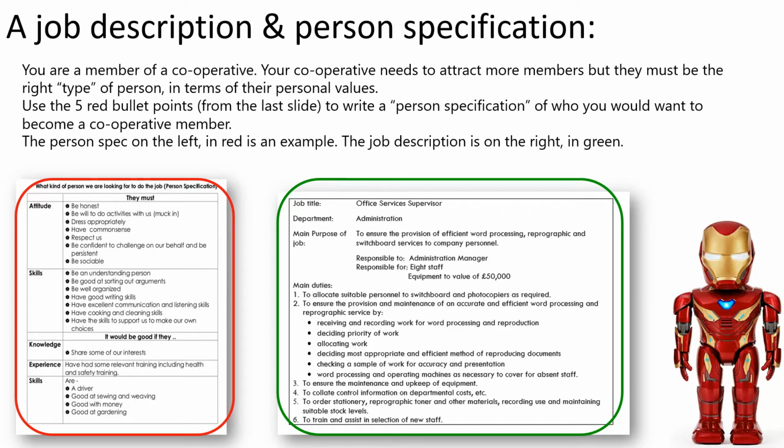And number 2, members are always in control no matter how many shares they have, they only get 1 vote. So that could be an experience, knowledge. Is it a task? Operating with only 1 vote? Yes, that is a task, but making sure you have the right attitude to know that that's how you operate is the best idea. So there we go.